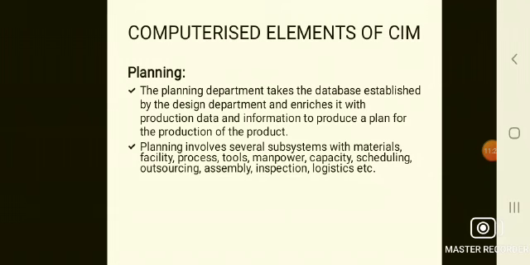Planning involves several subsystems: materials, facility, meaning machines or CNC, and process, meaning the order of the sequence, tools, manpower, and capacity of a machine to produce the particular product. Then scheduling, outsourcing, assembly, inspections, logistics, and so on.